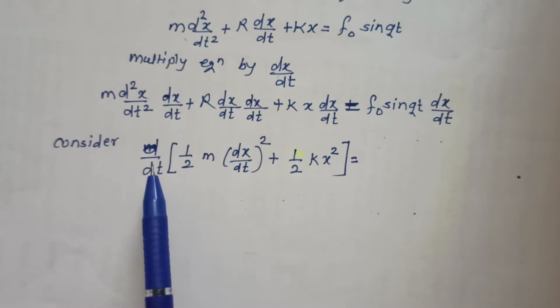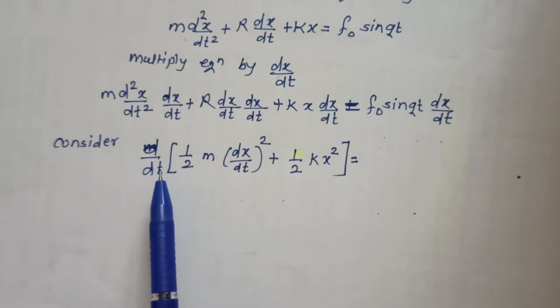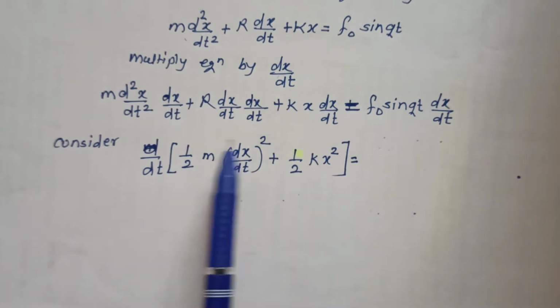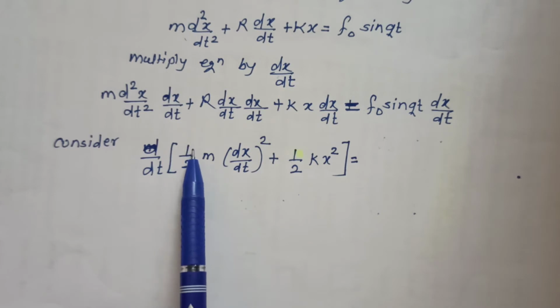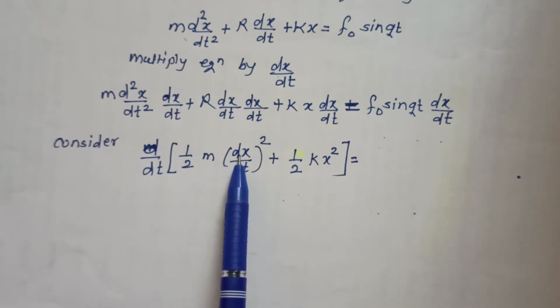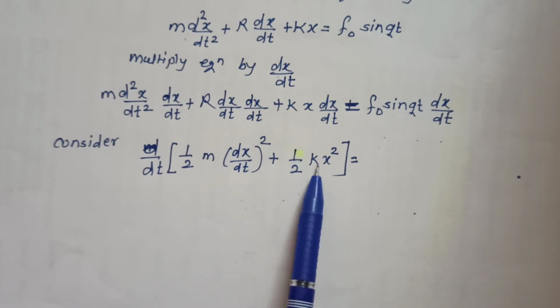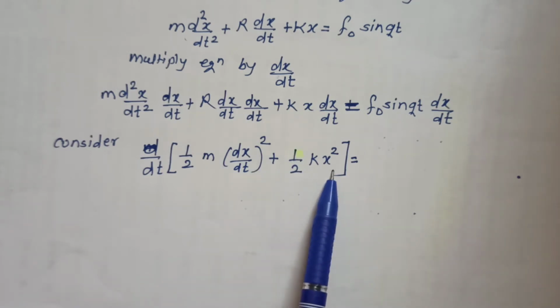Consider the derivative with respect to t of kinetic energy plus potential energy, that is d/dt of [1/2 m (dx/dt)² + 1/2 kx²]. Here the first term is kinetic energy and the second is potential energy.